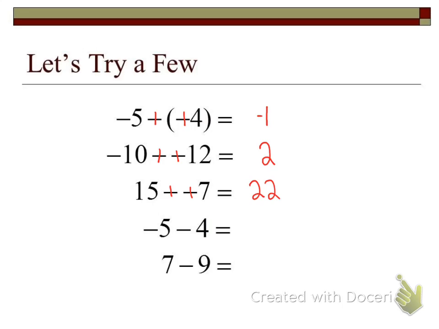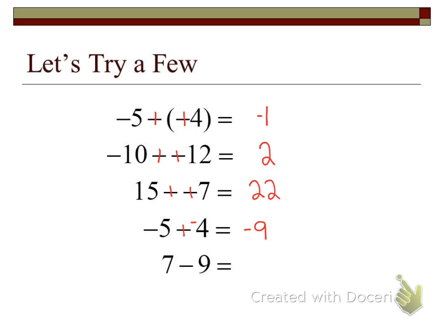This next one, I have negative 5 minus 4. And I hope that you're thinking to yourself, Rule 1. Even though there's two negatives here, Rule 1 is the one I want to use because there's only one subtraction sign in between the numbers. So I'm going to change this to negative 5 plus negative 4. So now I can use my same sign rule. 5 plus 4 is 9.